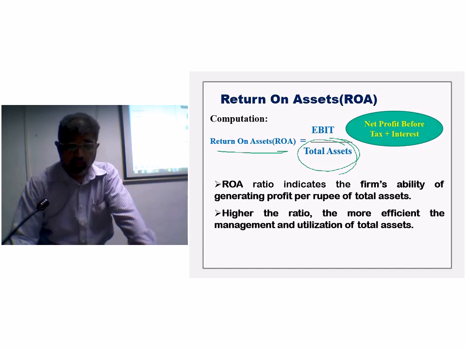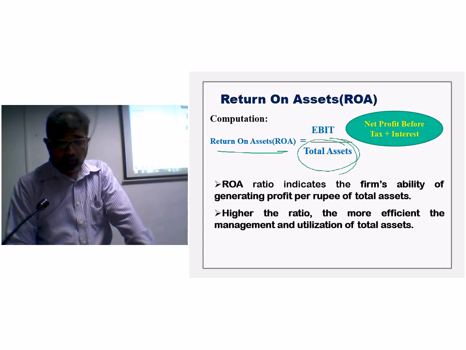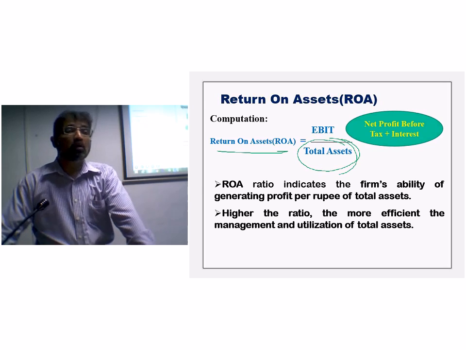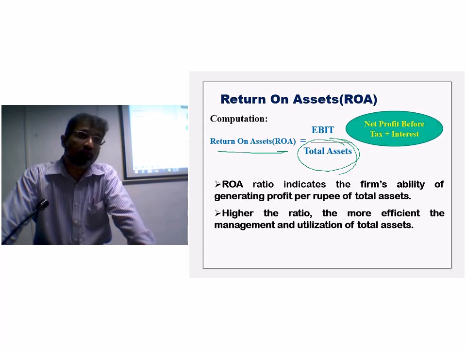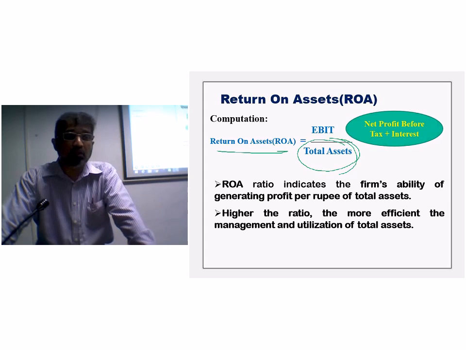This means we have utilized 47% of debt in these assets. Then the other 53% is from equity.